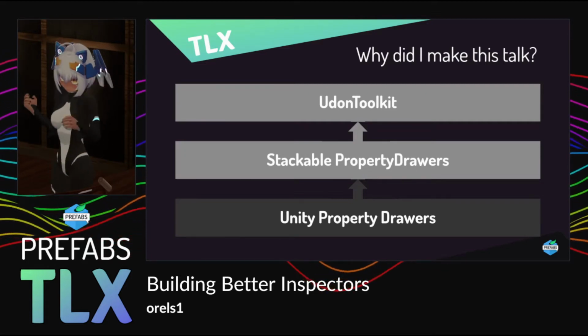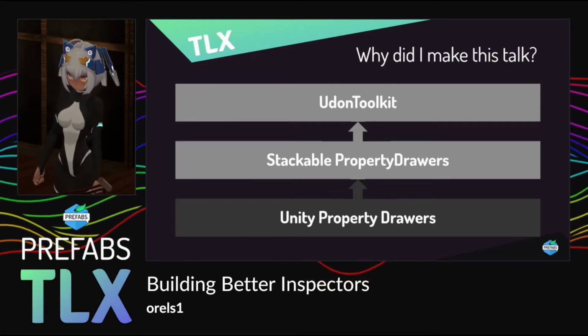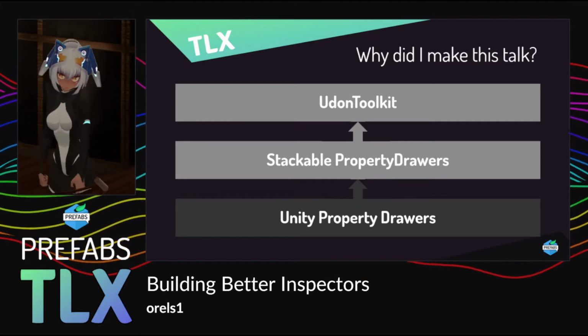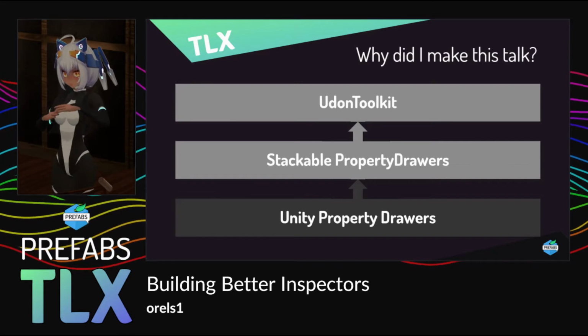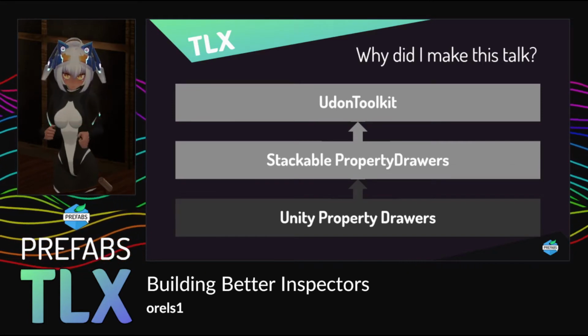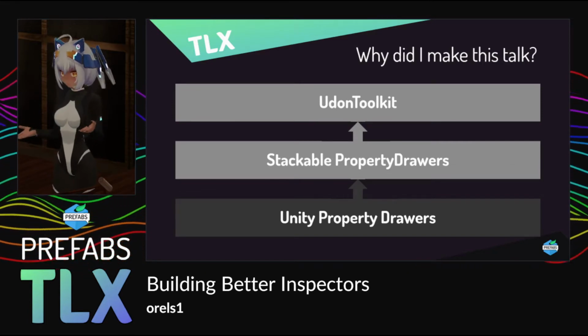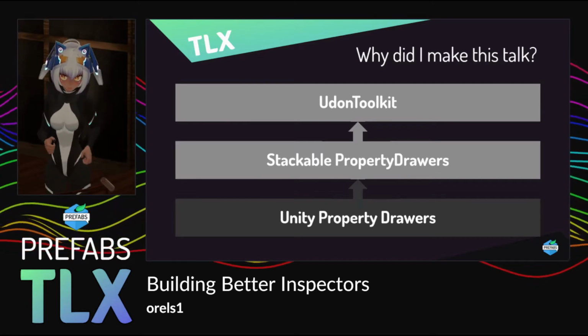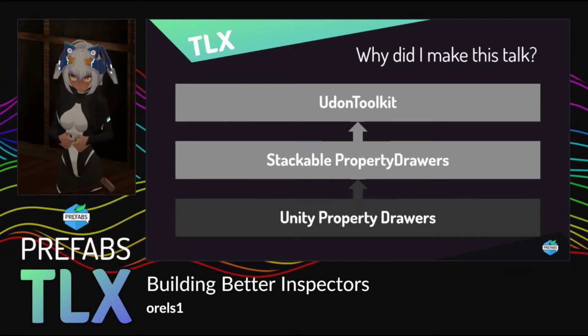So that's how Udon Toolkit was born, which is built on the Unity property drawer system, which we'll talk about in a little bit. And on top of that, it implements something you can call a stackable property drawer system. So that's the whole base of what I was building and how I built it.